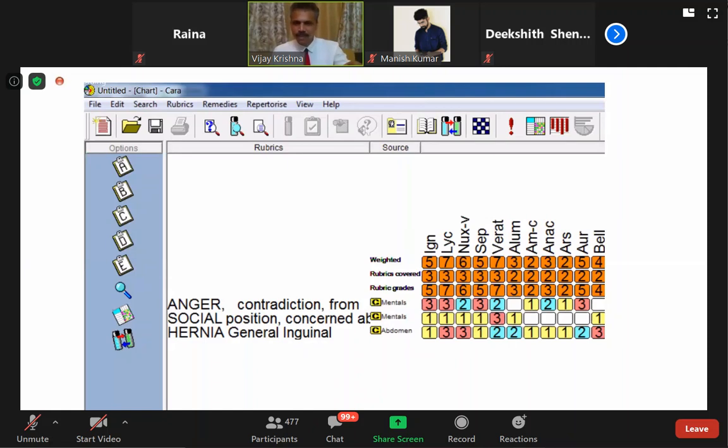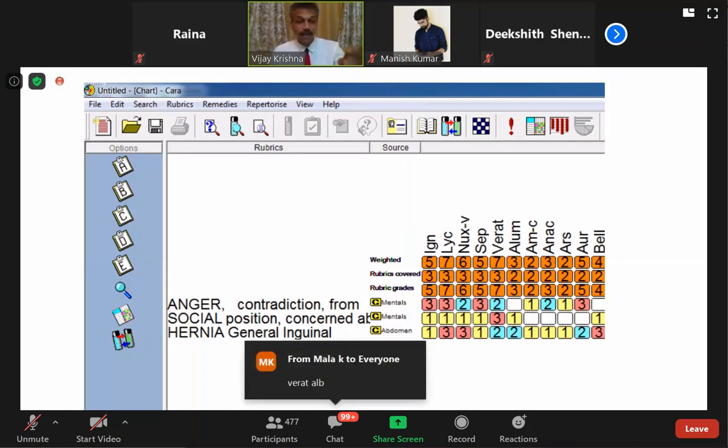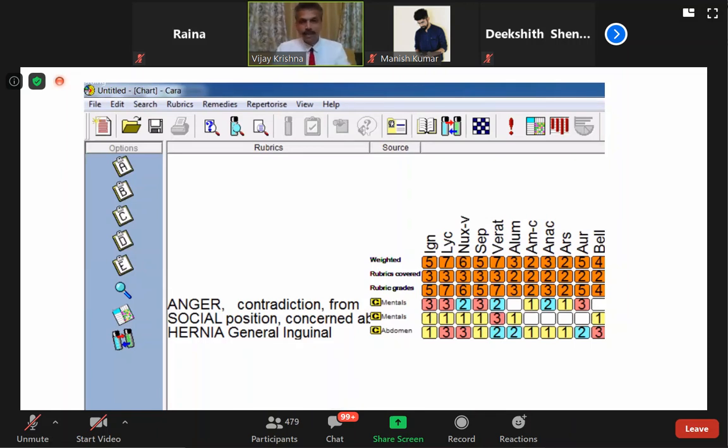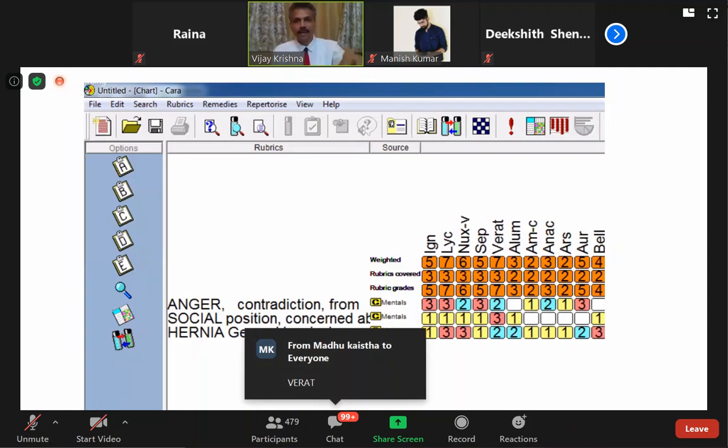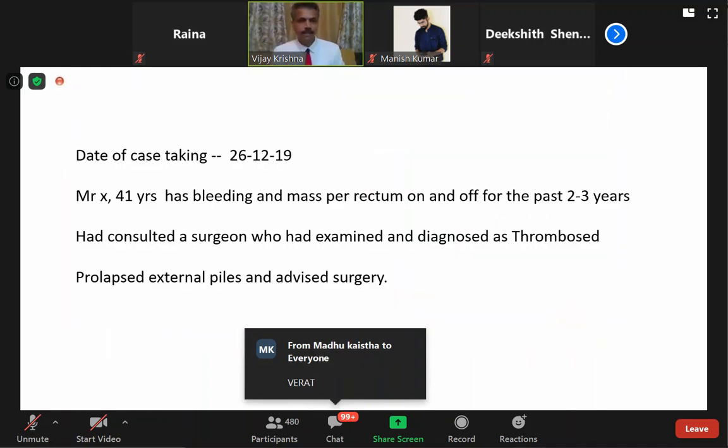That's a rubric. Your lycopodium, your platina, your verat, and you got lachesis. Four remedies. Fine. So this guy who values gold, who is a big show-off, my remedy was Veratrum album. And Veratrum album, a single dose, cured this particular case. And there was no need for surgical intervention.